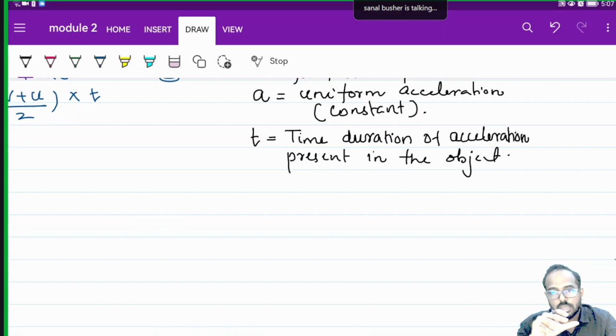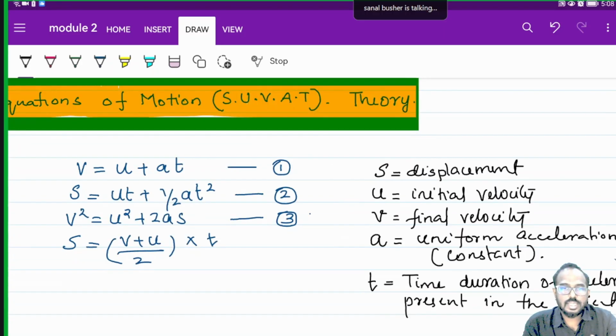Because without acceleration also, the object can move. Practically, if you consider a car that is accelerated initially, when you release the accelerator pedal, what happens? The car will move without acceleration also. So at that point you need to split the motion into two parts: one with uniform acceleration, one at constant speed. Understood?